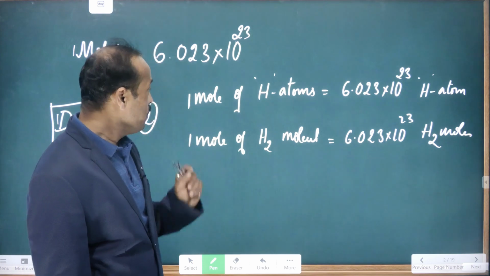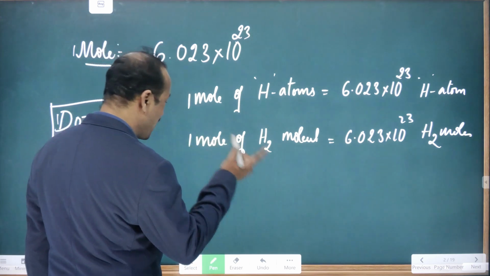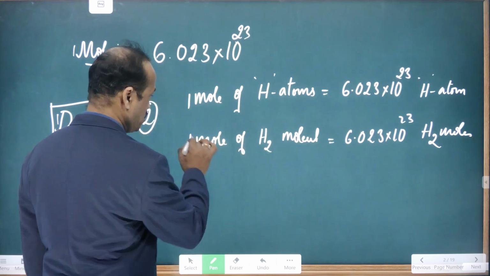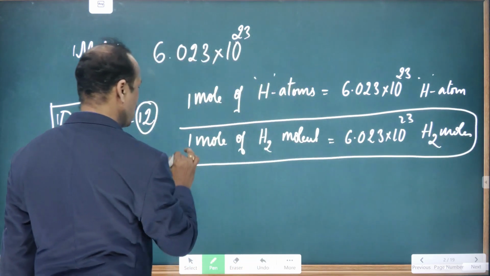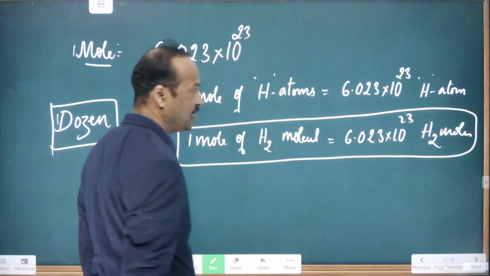Clear? Now, for example, if I ask you, how many hydrogen atoms are there in 1 mole of hydrogen molecules? 1 mole of hydrogen molecules consists of 6.023 into 10 to the power of 23 hydrogen molecules.